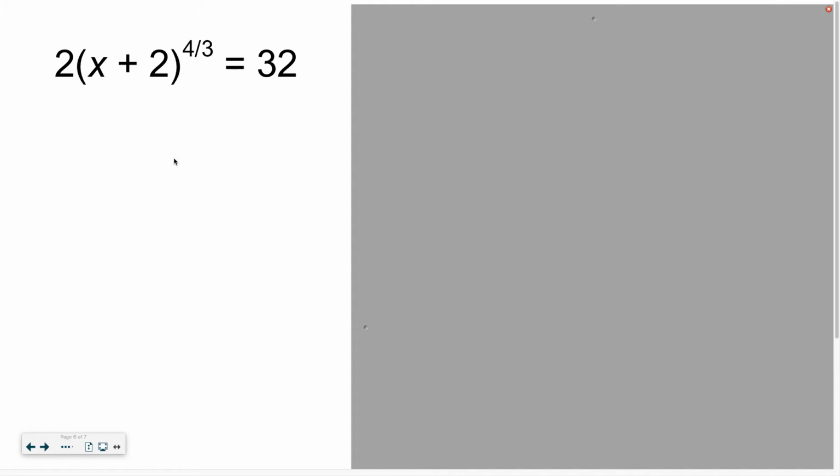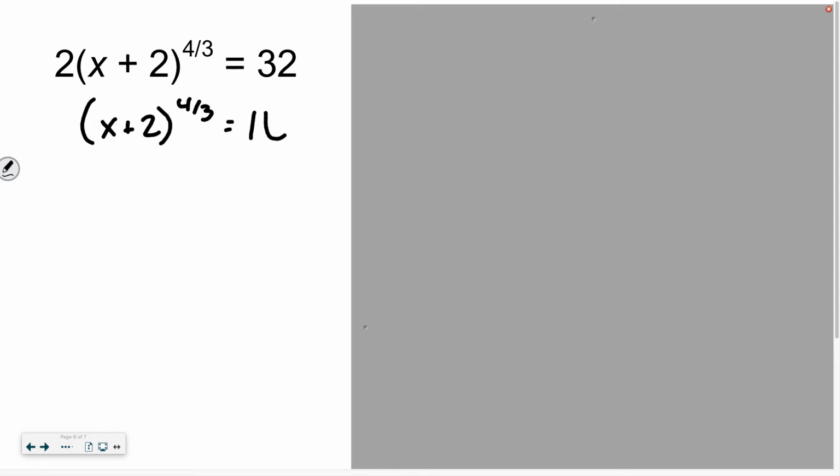Excellent. I see a lot of groups dividing by 2 first, right? You don't want to distribute. You actually can't distribute into a parenthesis that has an exponent. So you actually want to isolate the exponent and its base, x plus 2. So divide by 2.